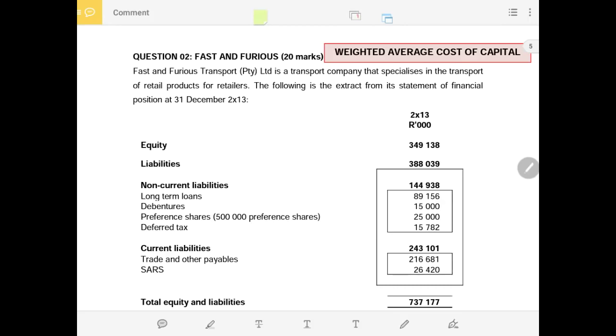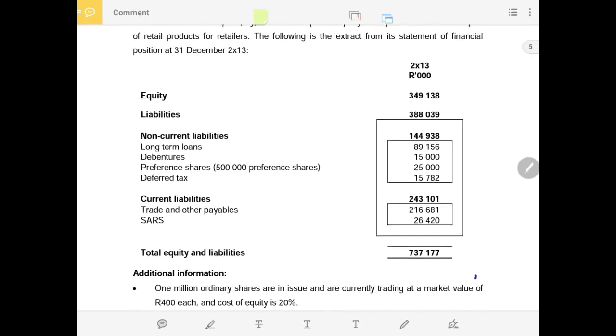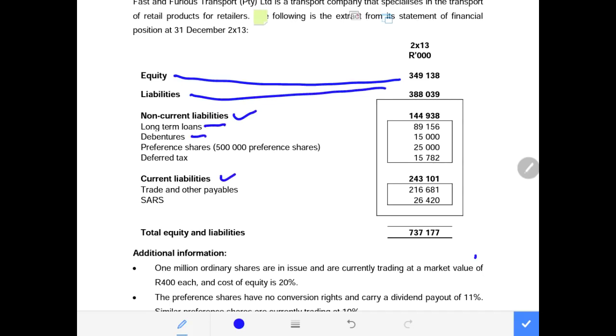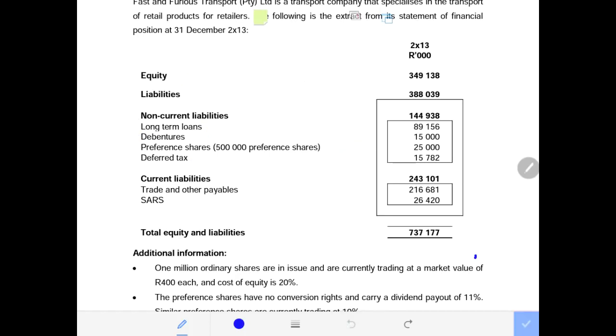We have our equity, and our liabilities, which are made of non-current and current. We have a loan, debentures, preference shares, deferred tax, and I think the major ones will be the long-term loan, the debenture, and the preference shares. Deferred tax will likely not be useful in our calculations.